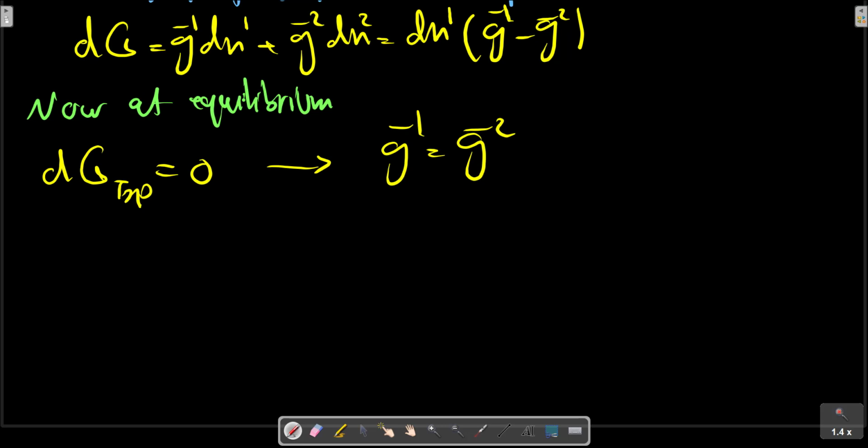Let us check this by determining the Gibbs function of saturated liquid and saturated vapor from the steam table.